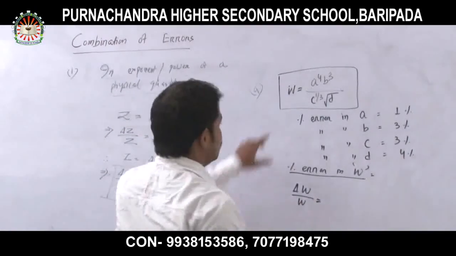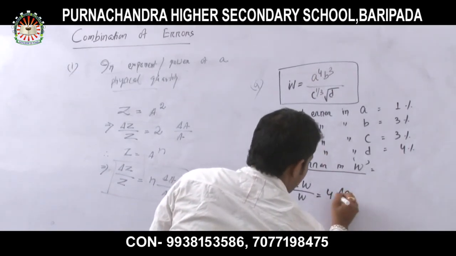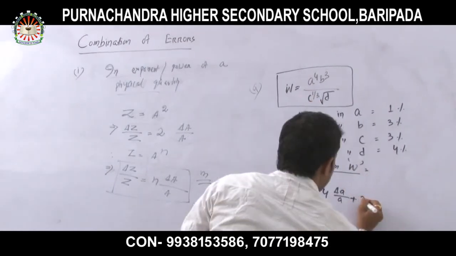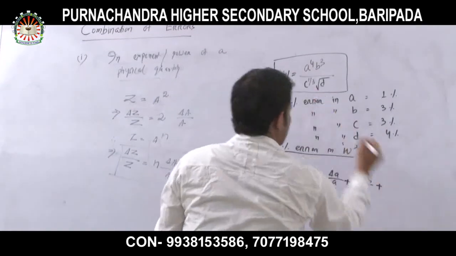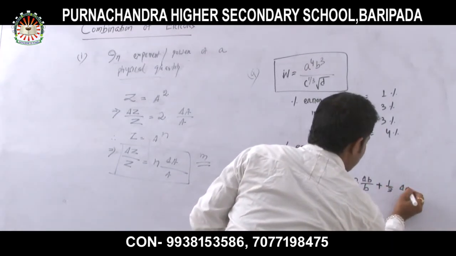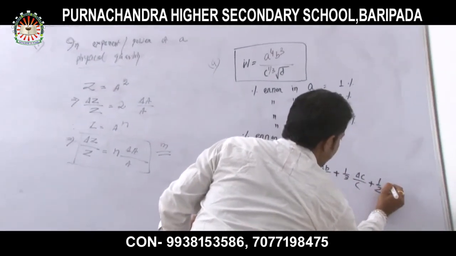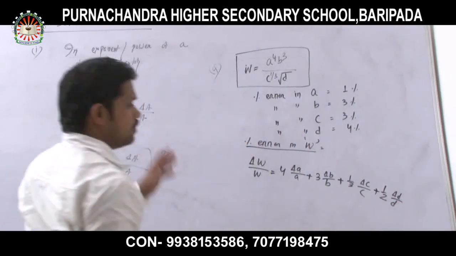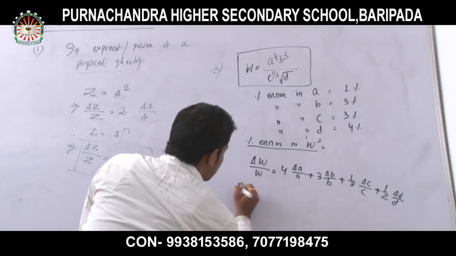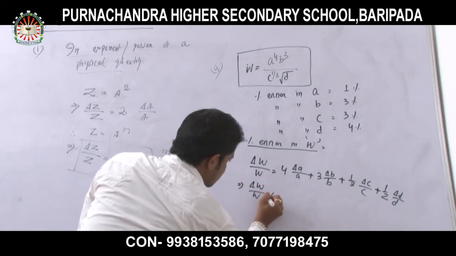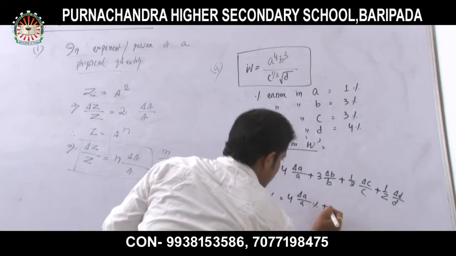That is equal to 4 del A by A plus 3 del B by B plus 1 by 3 del C by C, and lastly 1 by 2 del D by D. Understood? But remember, these are given as percentage, so we must put the percentage here. Otherwise, we cannot represent it in percentage.